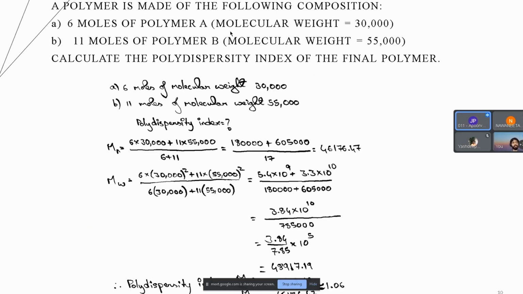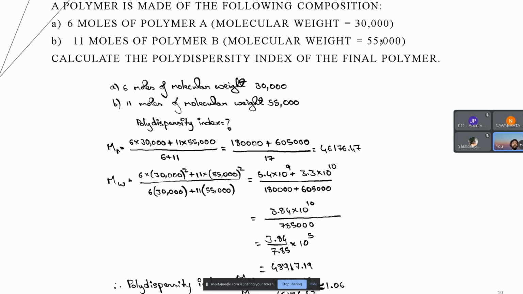Okay, so actually, the final polydispersity index is the weight average by the number average. So it's not number average by weight average; it's weight average by number average. Because weight average is always going to be greater than or equal to the number average of the polymer.